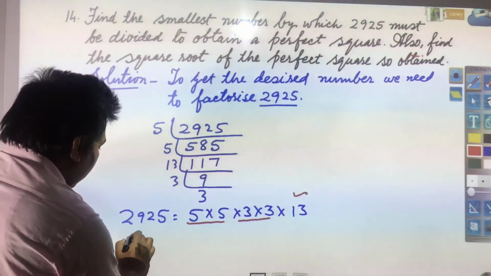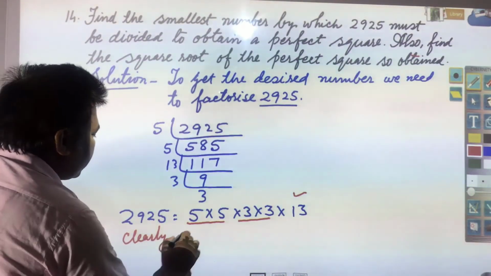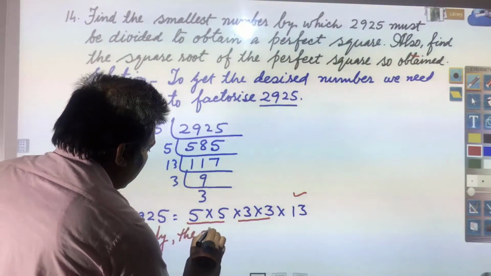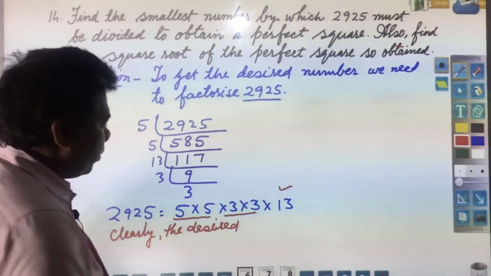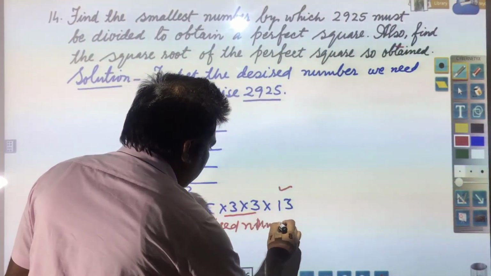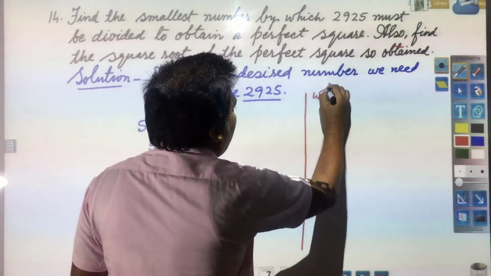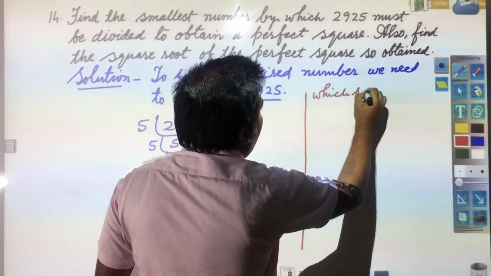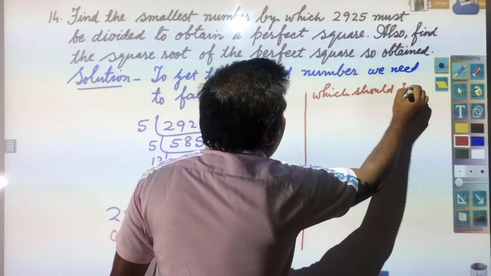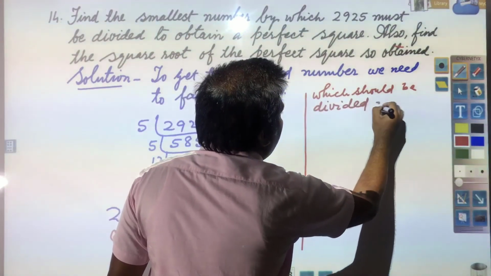So, here you can write clearly, the desired number which should be divided is 13.